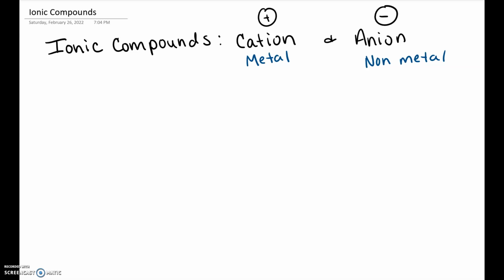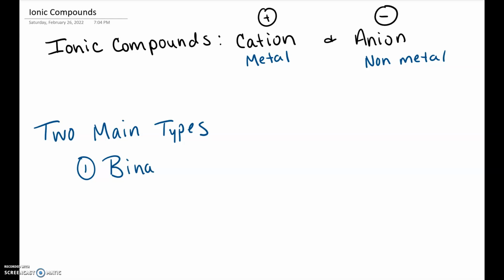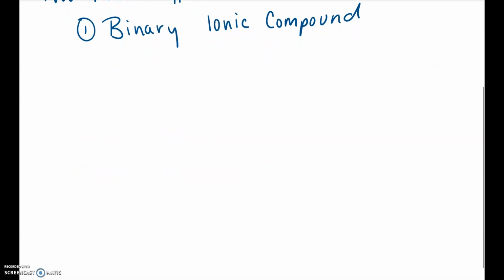Now, there's two main types of ionic compounds. And the first one is called a binary ionic compound. Okay, binary ionic compound.